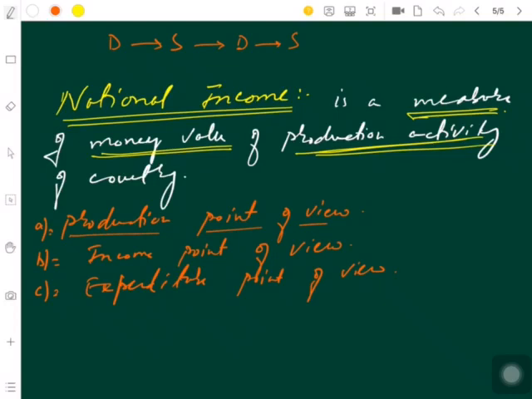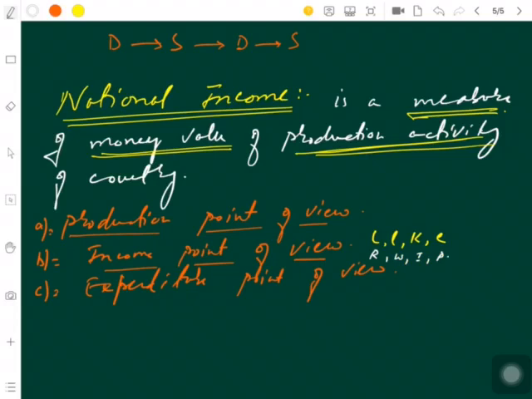When I put it as the sum of factor incomes earned by the factors of production in the form of rent, wage, interest and profit, as I said earlier, we have 4 factors of production: land, labor, capital, entrepreneur, and for them we have 4 factor payments. That is, for land we have rent, for labor we have wages, for capital we have interest, and for entrepreneur it is profit. So we are defining national income from the income point of view.